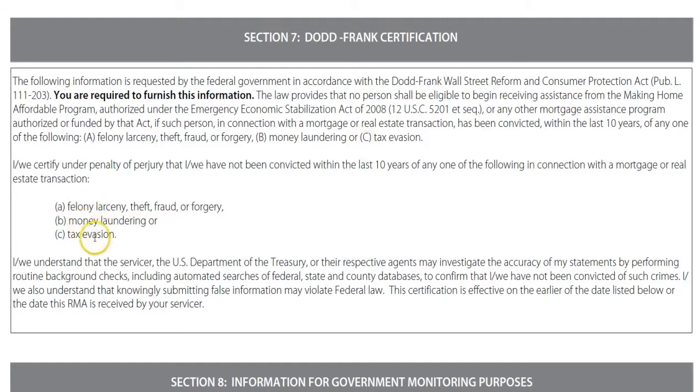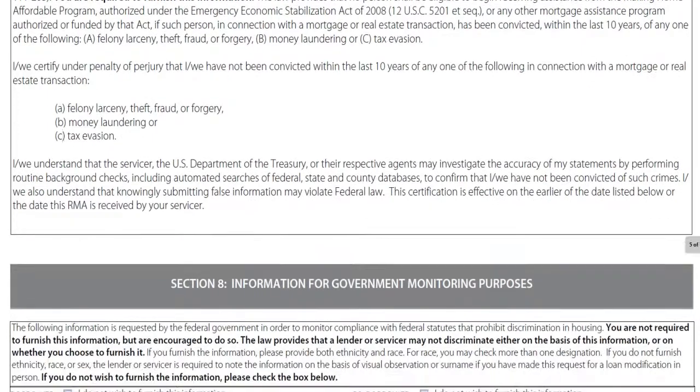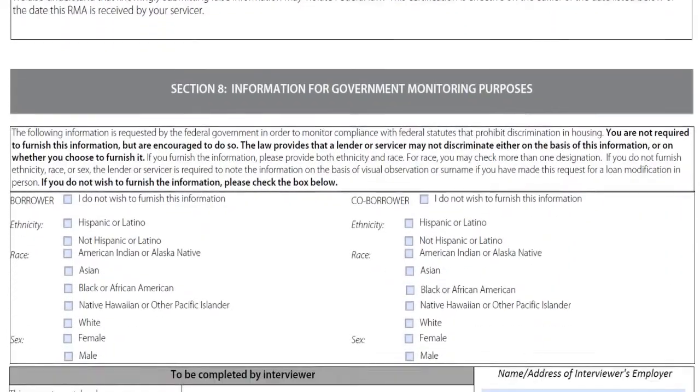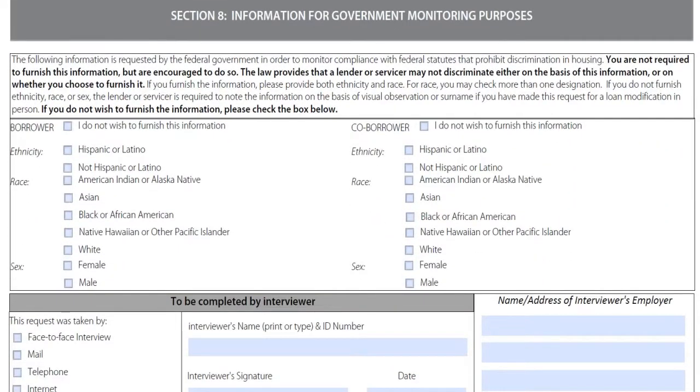Because these programs are sponsored by the government, they do make sure that there's nothing fraudulent in your past history that would exclude you from this program. So please take a second to read through the Dodd-Frank certification because you will be signing to it on the next page. Section 8 is basically asking for your demographics.